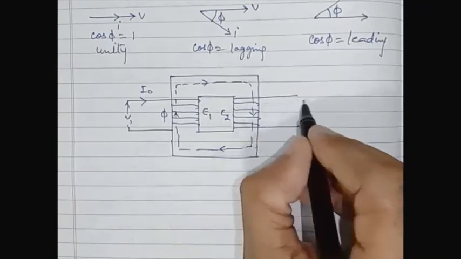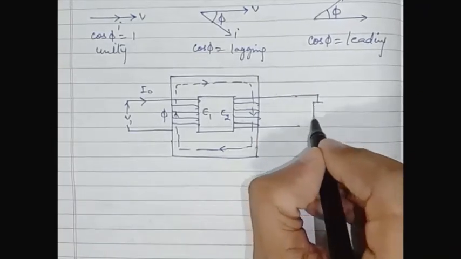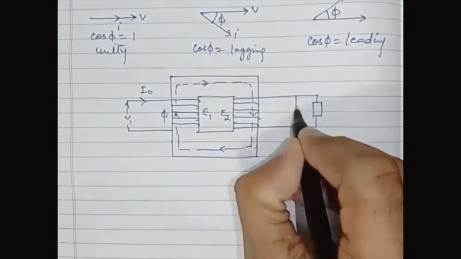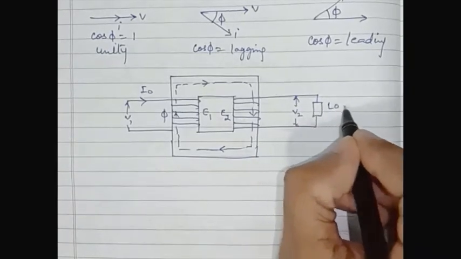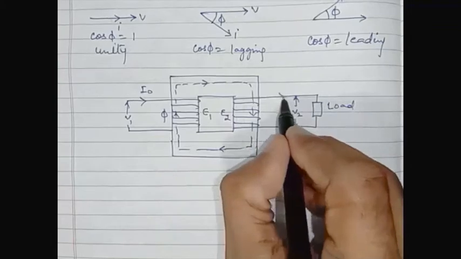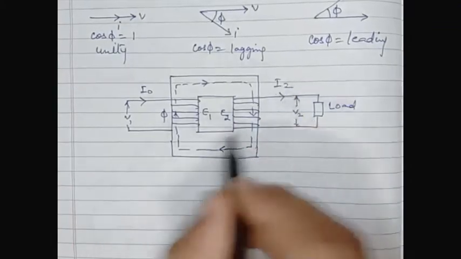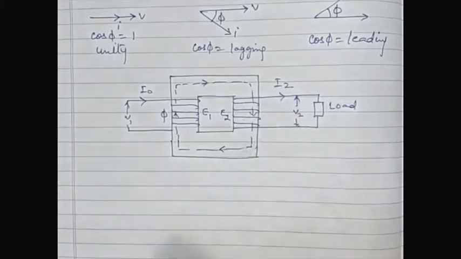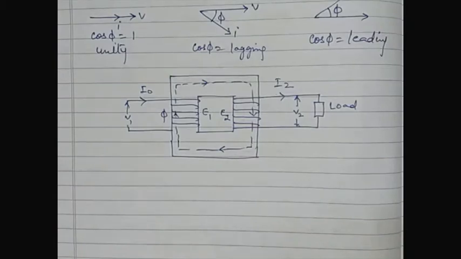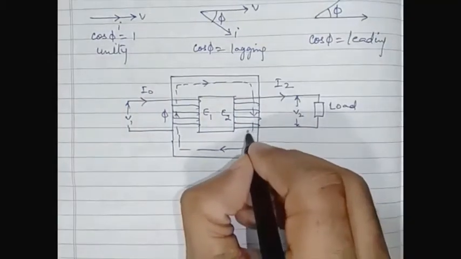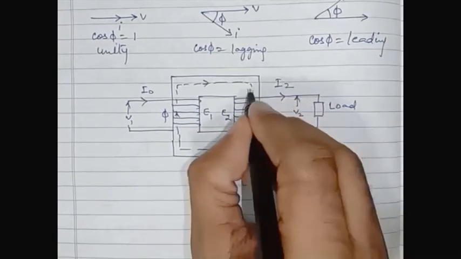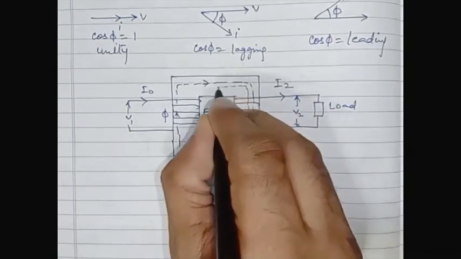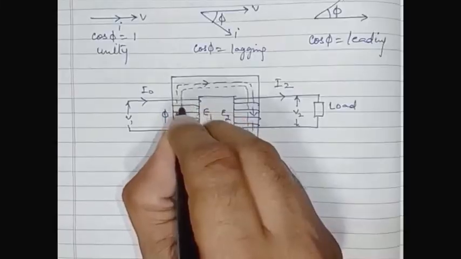When a load is connected, there is a terminal voltage V2 and a flow of current I2. When I2 flows, another flux phi 2 is established in the secondary winding, which is in the opposite direction to the main flux.